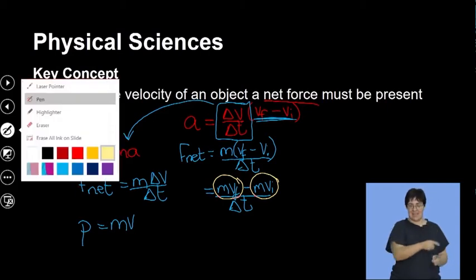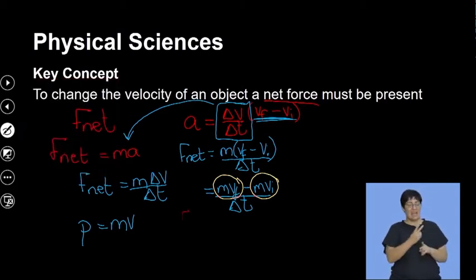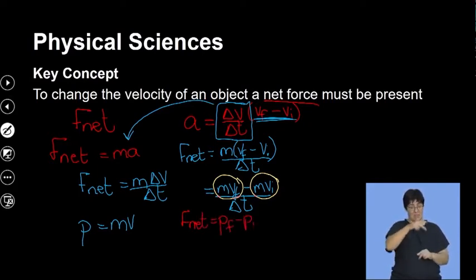So actually, I could write this again as F net equal to final momentum minus initial momentum over delta t. So my net force would be equal to a change in momentum divided by time.